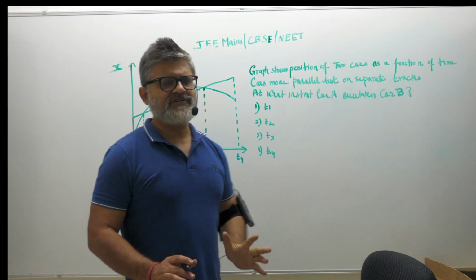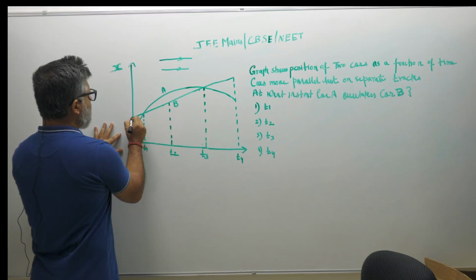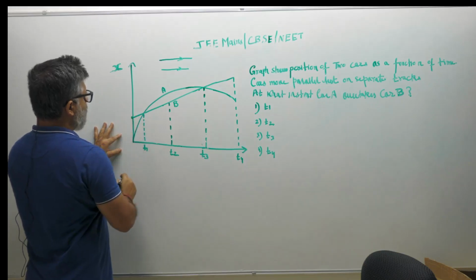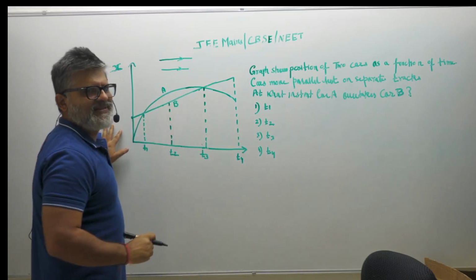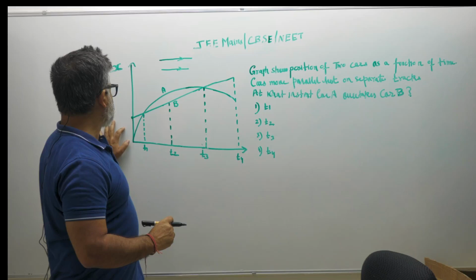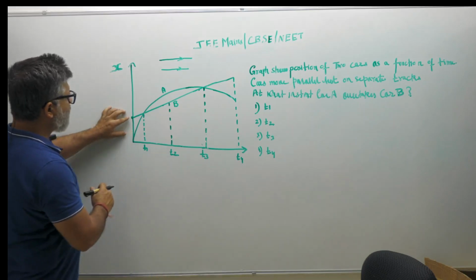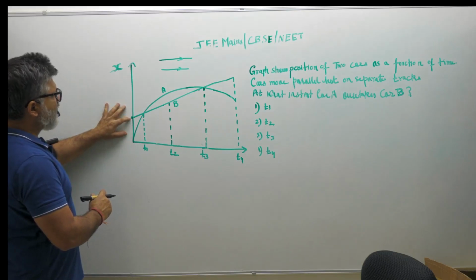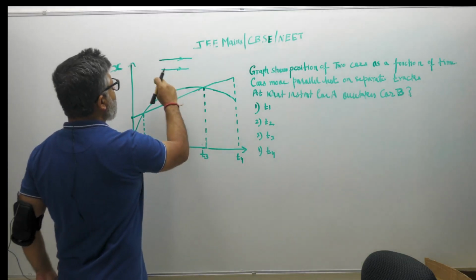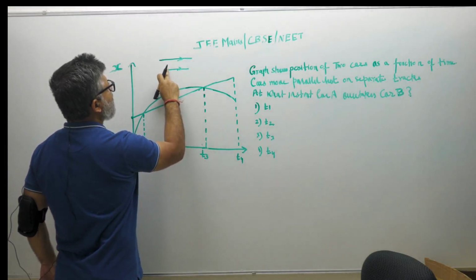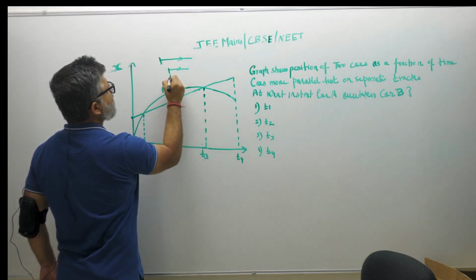Read the graph first. If you notice, car B is starting from a position which, with respect to A, is ahead. So car B is not starting from here, but from here.